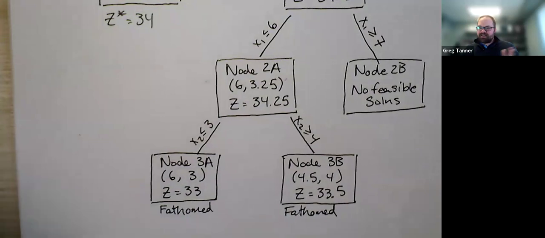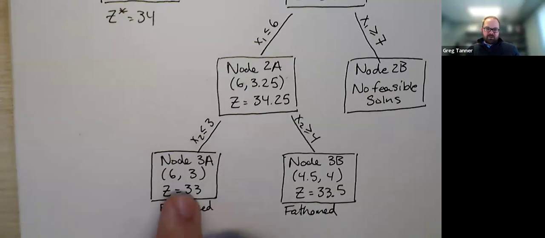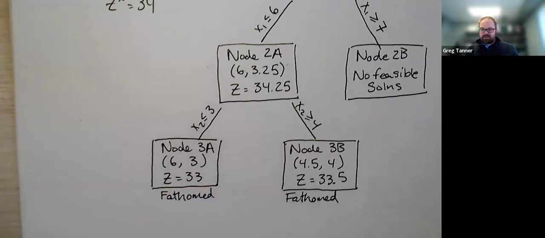The nice thing is that branch and bound will find all optimal solutions that have the same objective value, as long as you store them and keep branching on them. And so it would have been possible that we got a z equal 34 here if things had lined up just right, and then we would have had 2 optimal solutions with the same objective value.